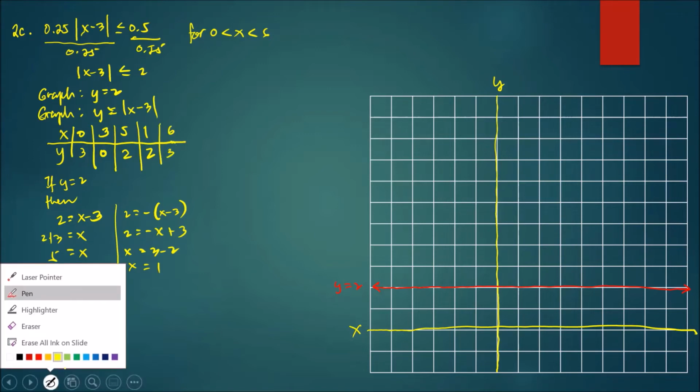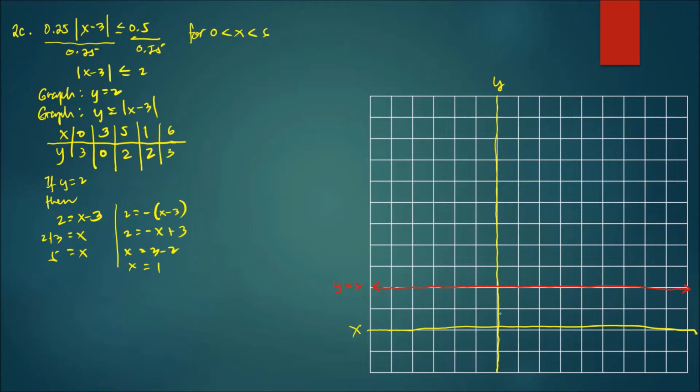So we can now graph. So we have 0, 3. Then we have 3, 0, 1, 2, 3. Then we have 5, 2. This is 3, 4, 5, 2. Then we have 1, 2. Then we have 6, 3. 1, 2, 3, 4, 5, 6, 3.